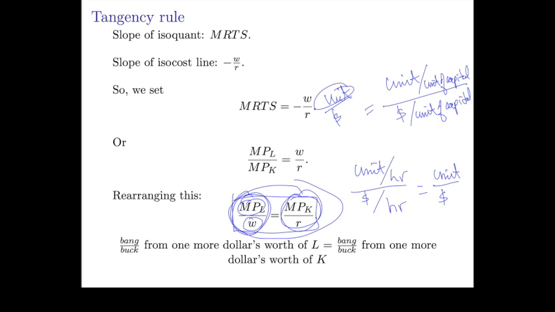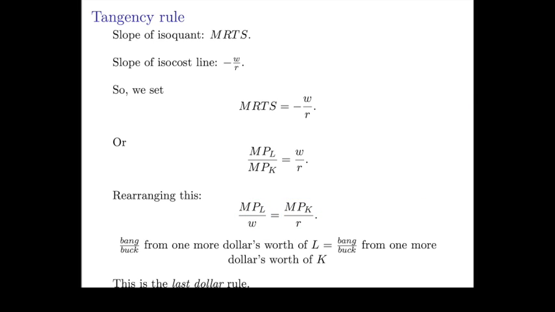What this equation says is that if you look at that across the two inputs, it has to be equal. So the bang for your buck, the extra units of output that you get per dollar spent on labor, has to equal the bang for your buck, the extra units you get per dollar spent on capital. And that's what the tangency rule tells us. This is nothing but the last dollar rule. So the tangency rule is equivalent to the last dollar rule. So all three of the ways of solving this problem when you have an interior solution are equivalent, just like they were when we were solving the consumer's problem.